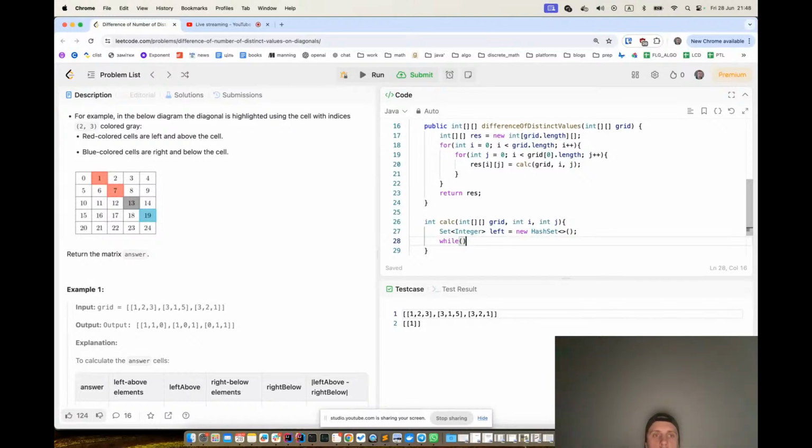So while i is greater or equal to 0, and j is greater or equal to 0, and yeah, minus 1, because we should not take these elements as well.